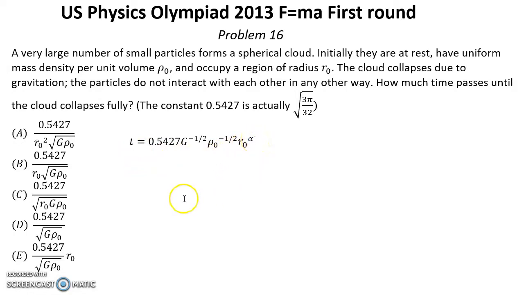Let's represent our parameters using dimensional analysis. Here we represent the dimensions of all parameters: time is T to the power 1, the gravitational constant has this representation, density has mass to the power 1 over L cubed, and the radius is L to the power 1.